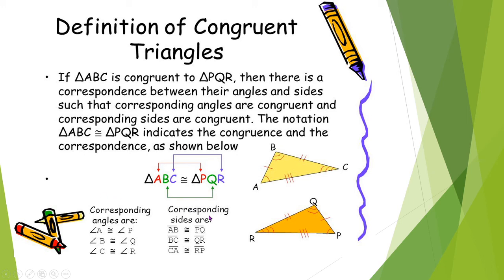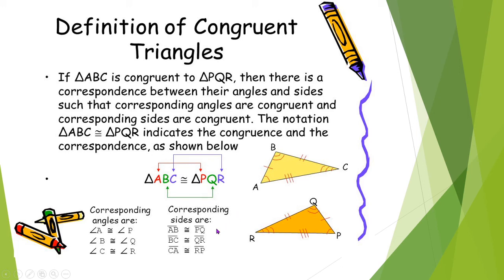Similarly, corresponding sides: side AB is congruent to side PQ, side BC is congruent to side QR, and side CA is congruent to side RP. These are the 6 possible combinations between these two triangles.